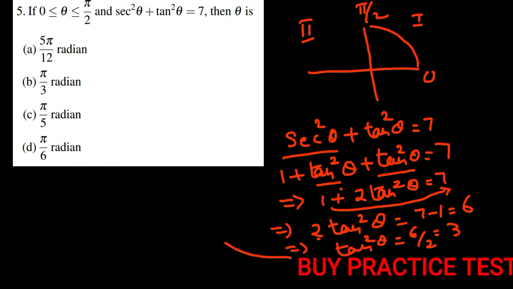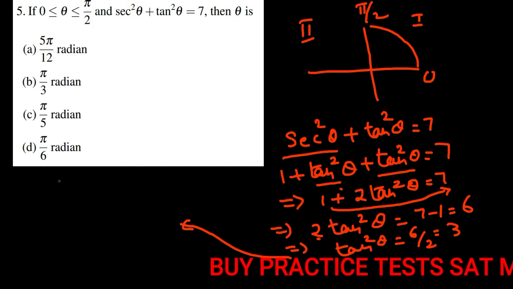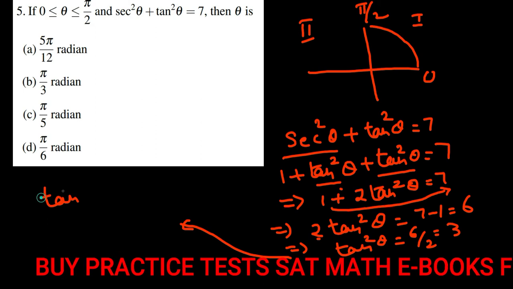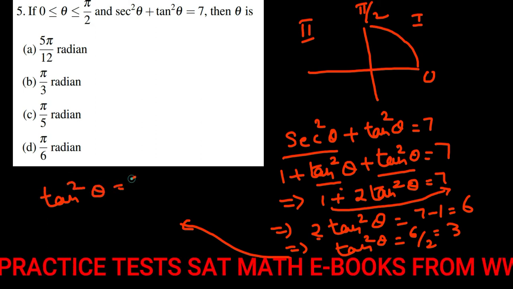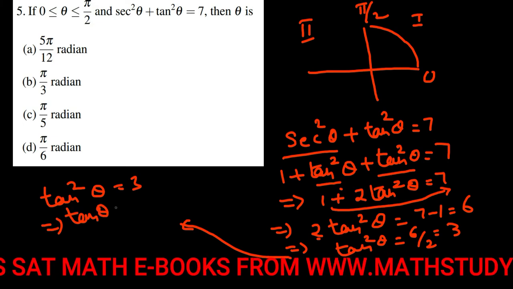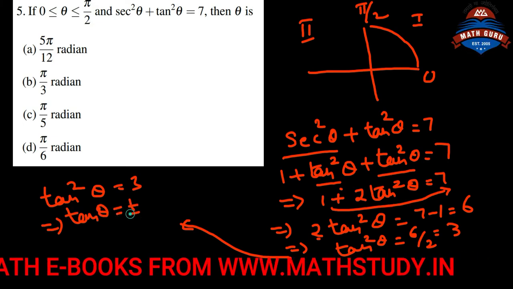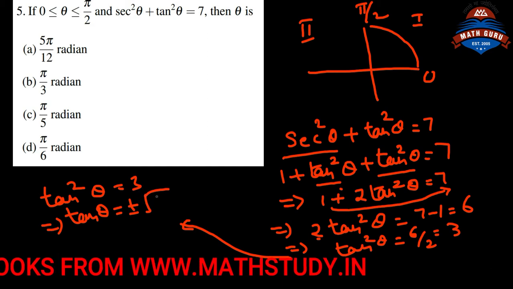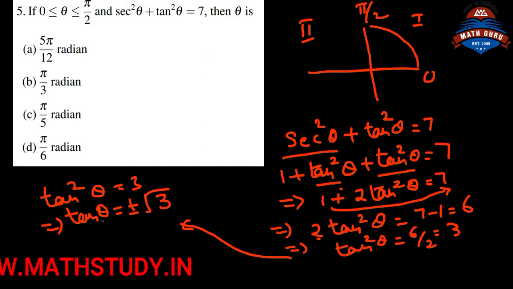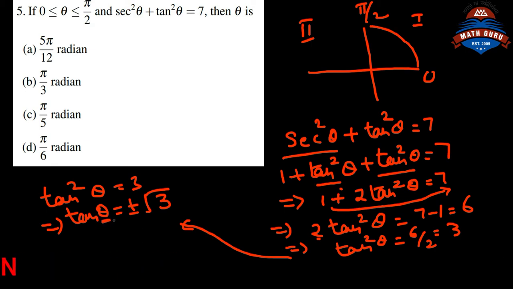Now let us do some calculation here. So tan square theta is equal to 3. So this implies tan theta is equal to plus minus root 3, right? So we will be having two values of theta here, but as we know that theta is lying between 0 to pi by 2, that means in the first quadrant, so theta is always positive here.